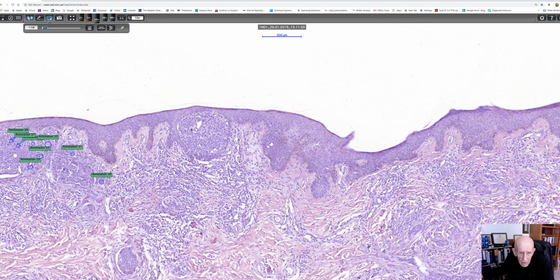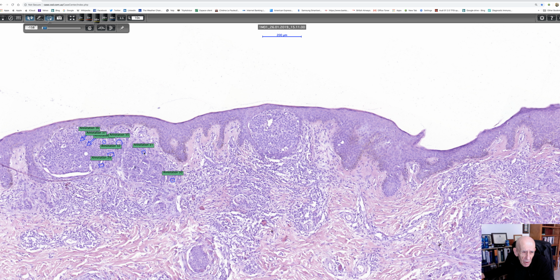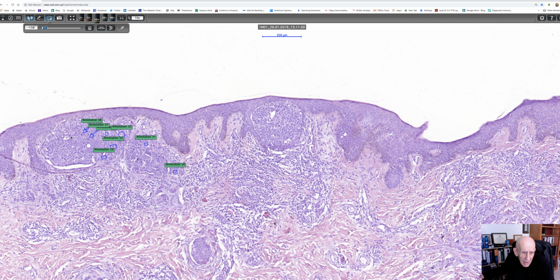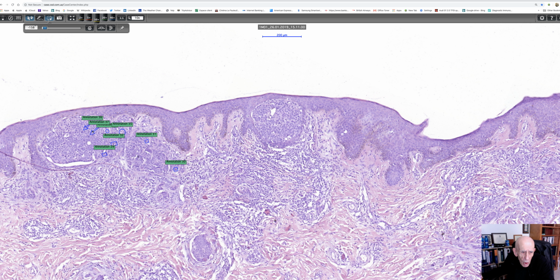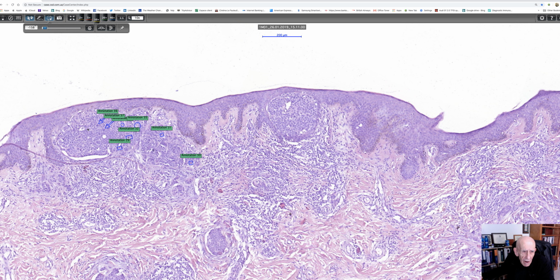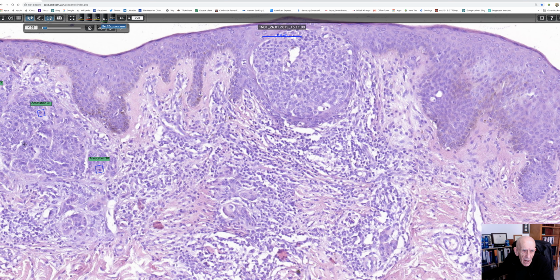You might argue it's occupying a whole dermal papilla, and these are stretched Rete ridges. There I think it's maybe slightly more convincing that it's arising from the epidermis. We'll have a look at that at higher power.